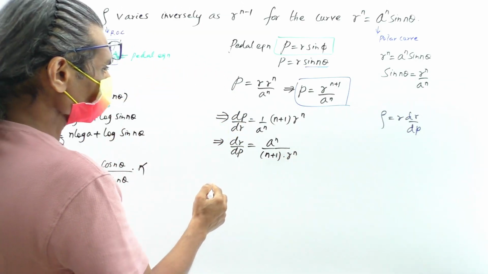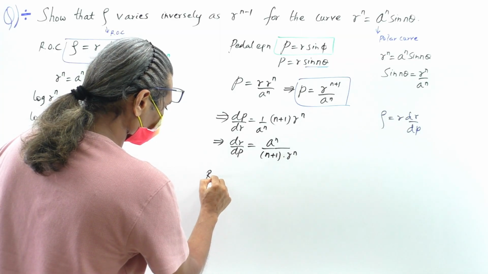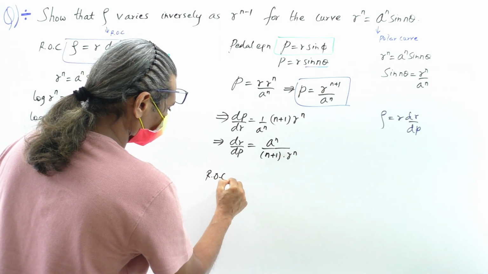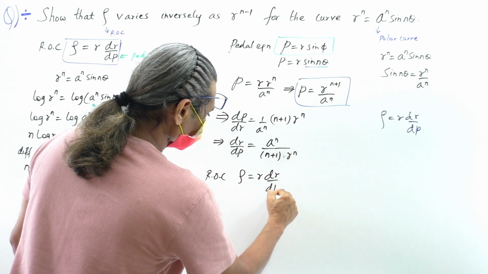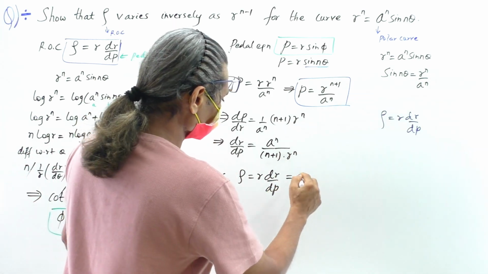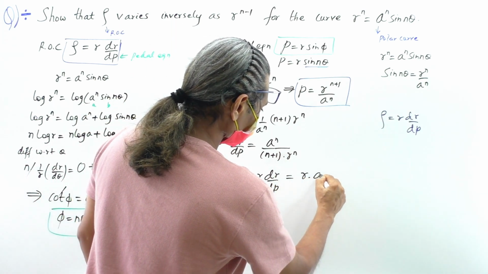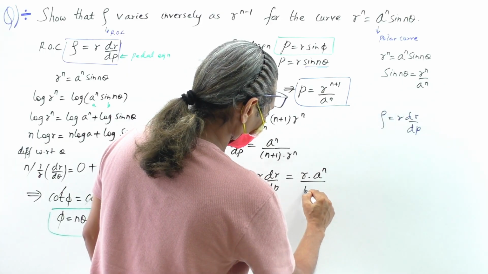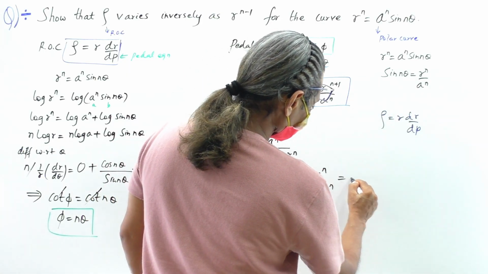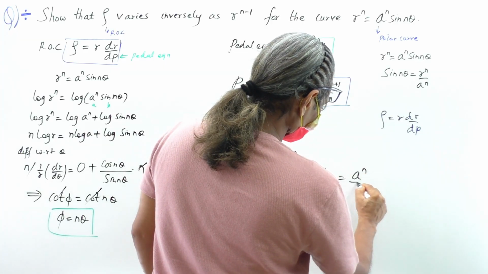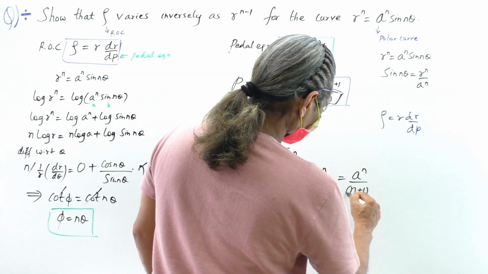Therefore, we know that radius of curvature rho is equal to r dr by dp, and that is equal to r into a^n by (n+1) into r^n. That is nothing but a^n upon (n+1), which is constant.